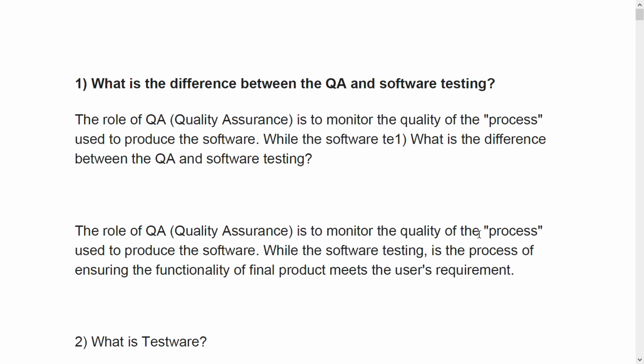The role of QA, quality assurance, is to monitor the quality of the process used to produce the software, while software testing is the process of ensuring the functionality of the final product meets the user's requirements.